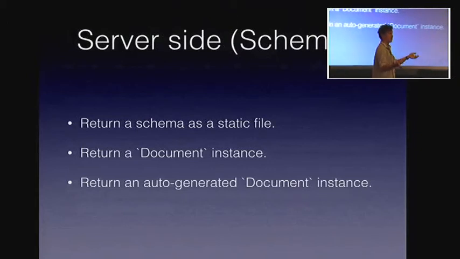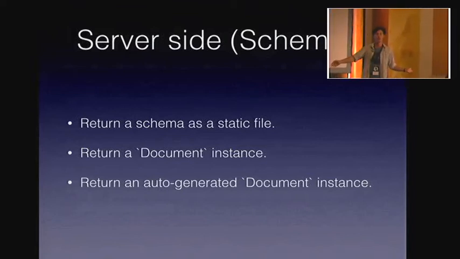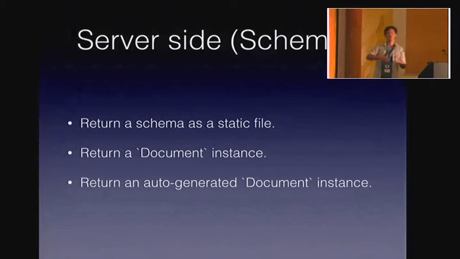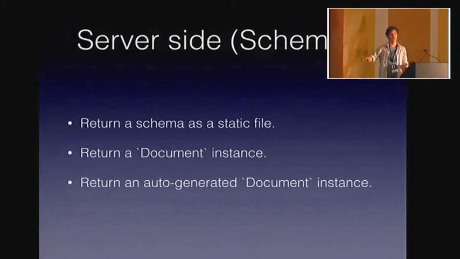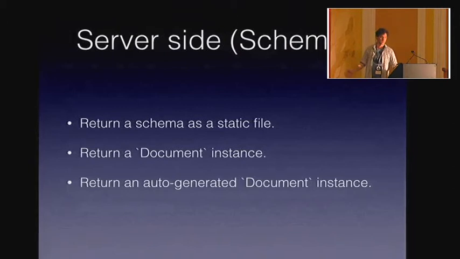The nice thing about that is it allows your server to perform content negotiation and to return your schema in a wide range of different formats, depending on the client's request. And finally, use some kind of auto-generation to introspect your code in some way and build the document instance that gets returned without having to write the schema explicitly.